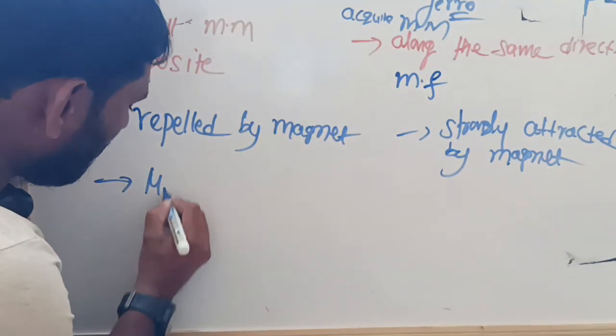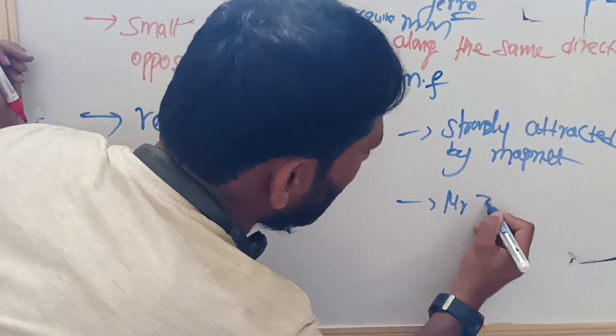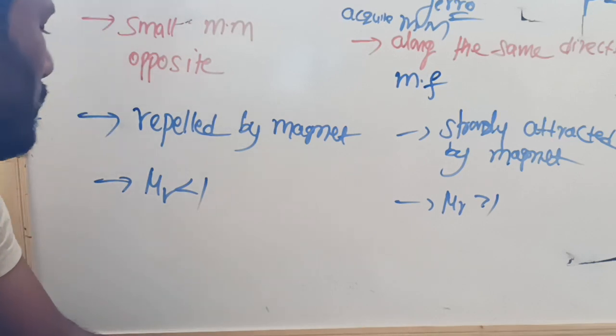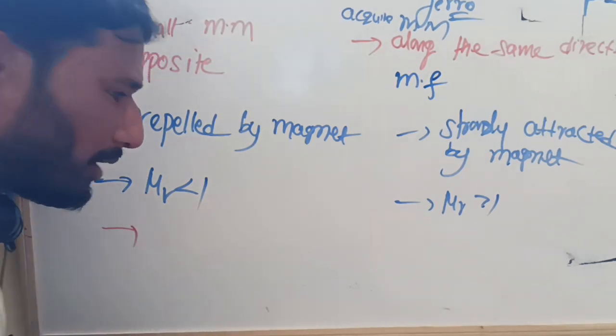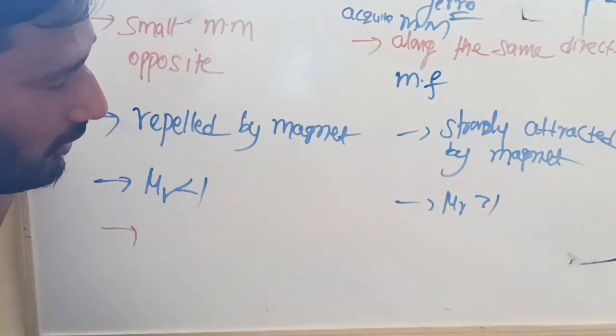Relative permeability mu r is less than 1 for diamagnetic, but relative permeability is greater than 1 for para and ferromagnetic materials.